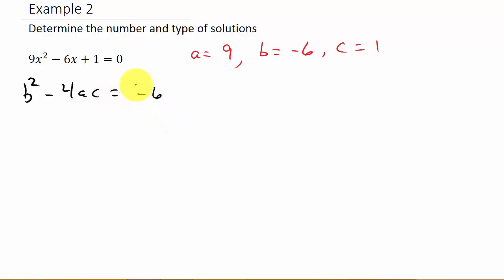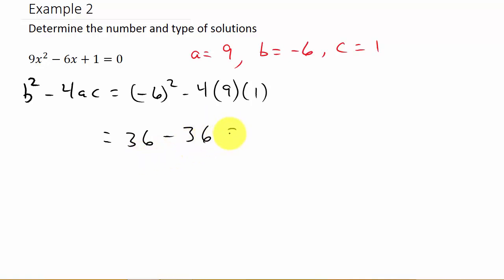I get negative 6 squared minus 4 times 9 times 1. That's going to be 36 minus 36, which equals 0. So b squared minus 4ac is equal to 0, so that means I have one real solution.